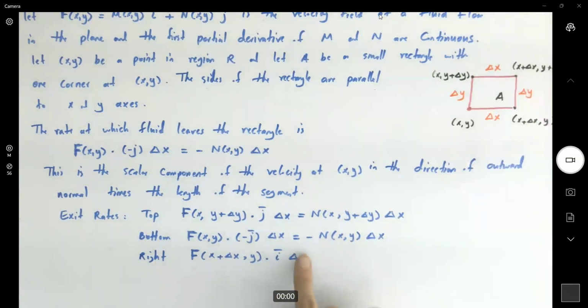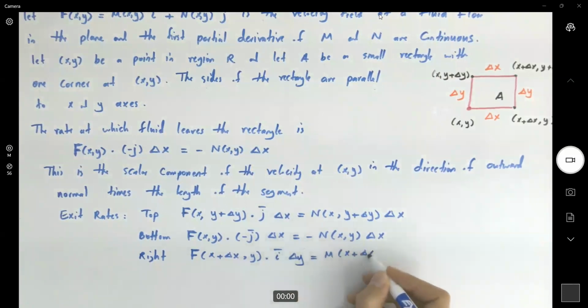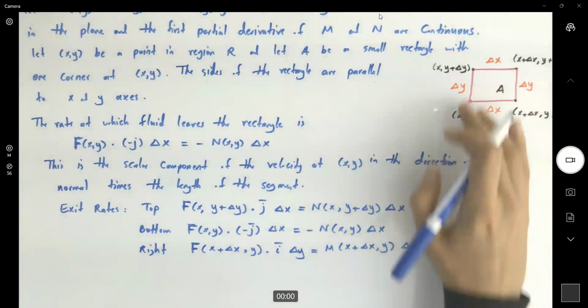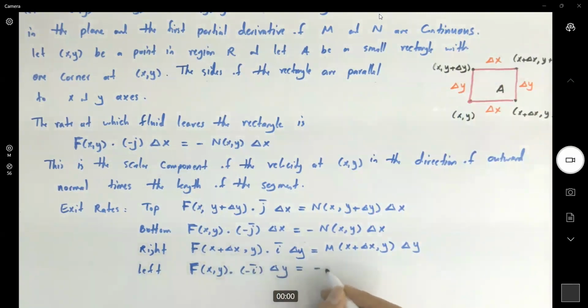Oh, sorry, this is going to be delta y, which is equal to m of x plus delta x and y times delta y. And finally, for the left-hand side, your vector field evaluated at x and y dot product with negative i and delta y, which is negative m of x and y delta y.